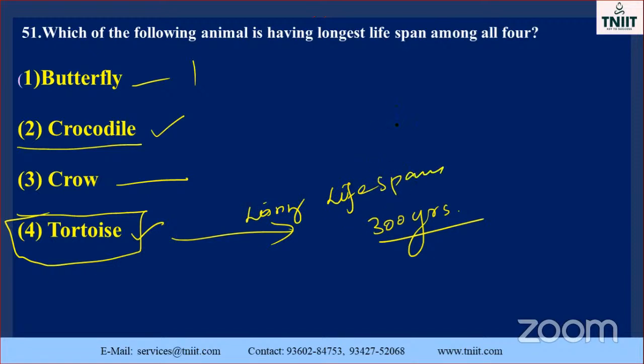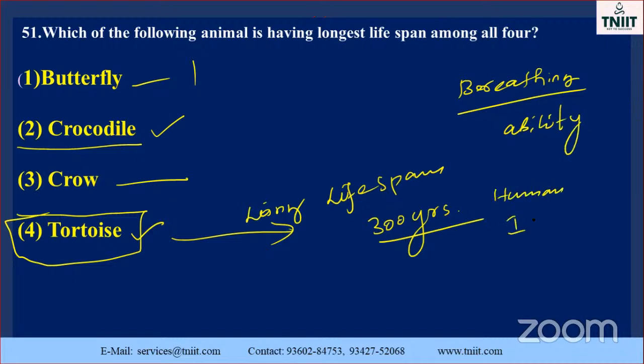Why? The breathing ability. In humans, just to take an example, in 1 minute how many breaths? That cycle is there, the respiratory cycle. Already we know about 16 times. In 1 minute, 16 times.